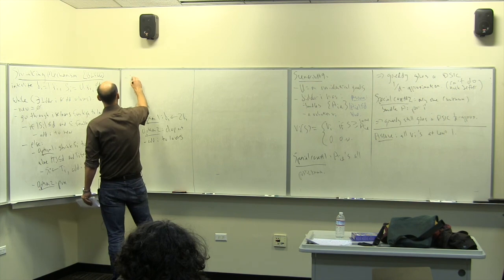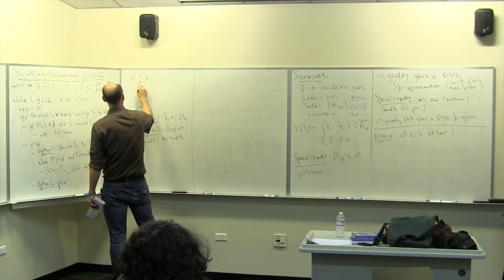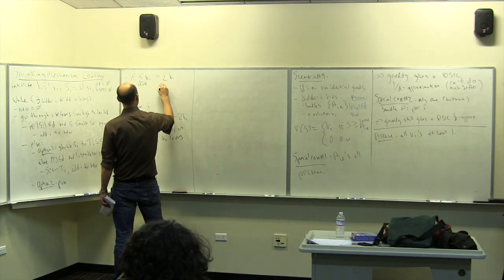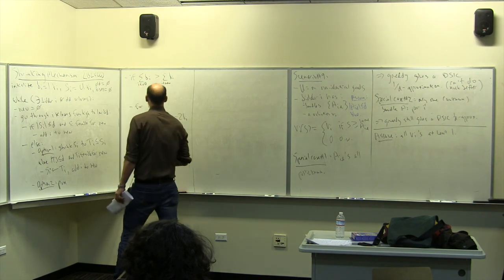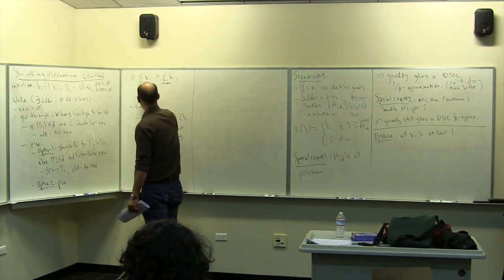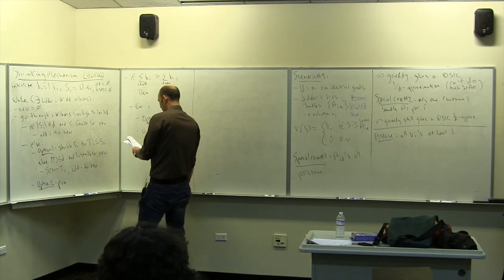So I'll write that here. If the sum of the bids last time around is higher than the sum of the bids this time around, then, actually let me do this the other way.